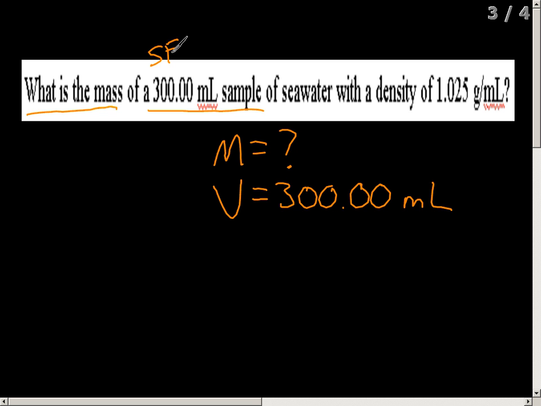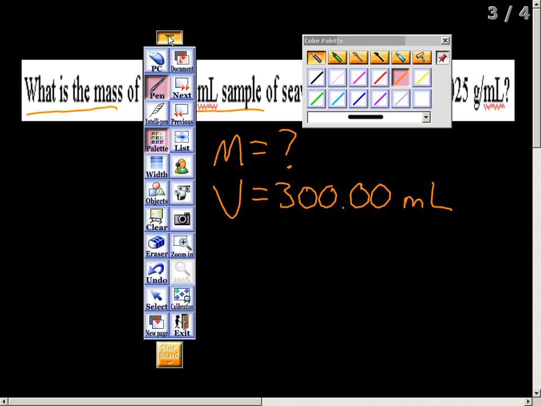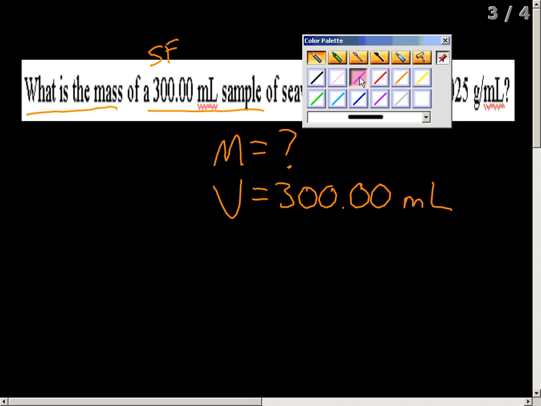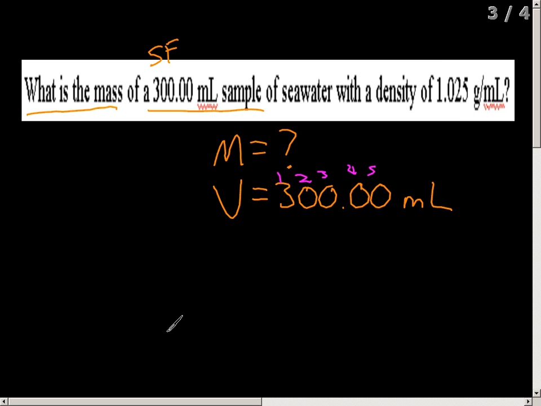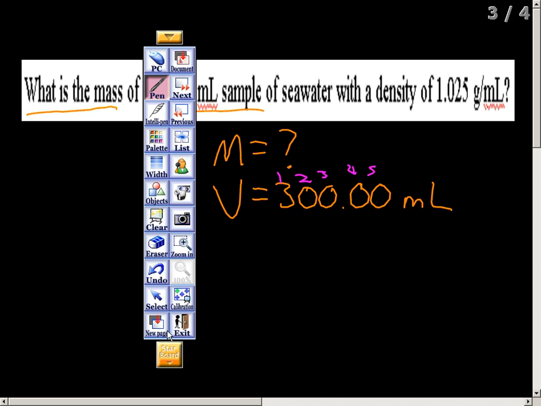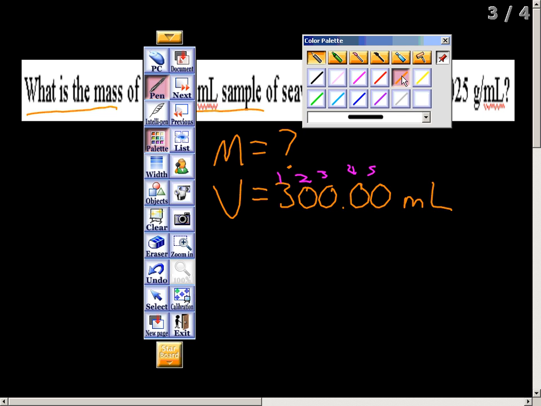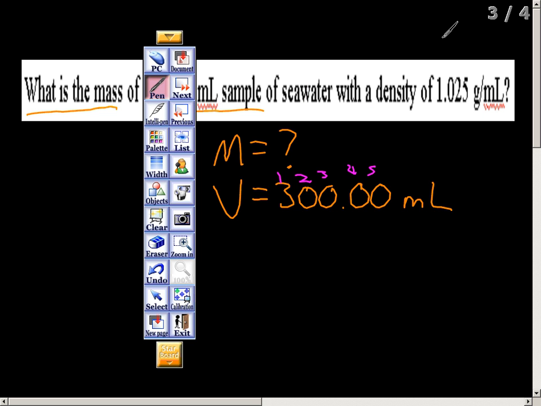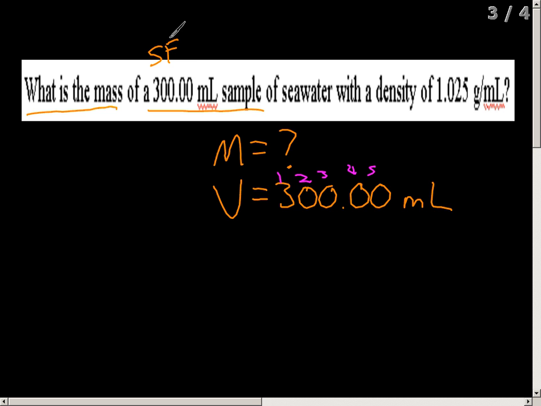Let's count the significant figures right now. I have 1, 2, 3, 4, 5 significant figures there. So I have a volume of 300.00 milliliters and a density of 1.025 grams per milliliter. What is the mass?